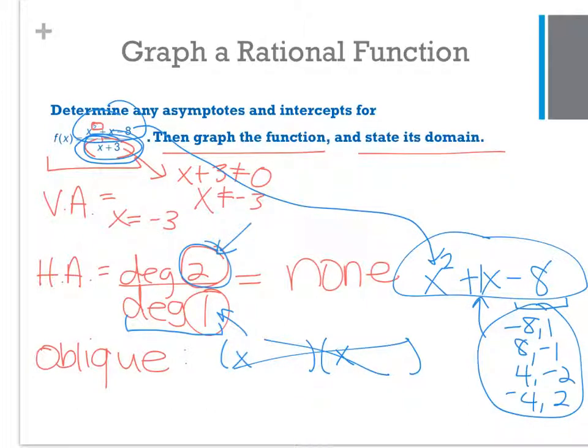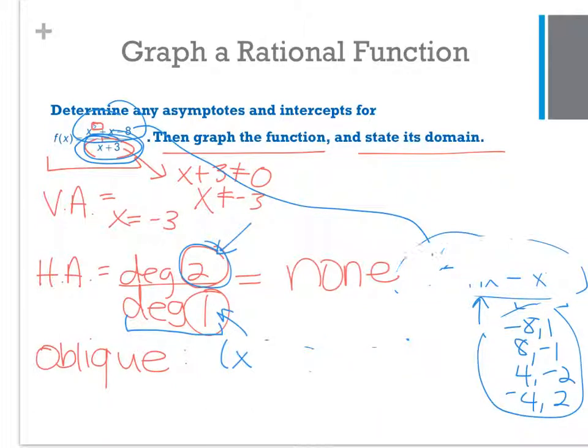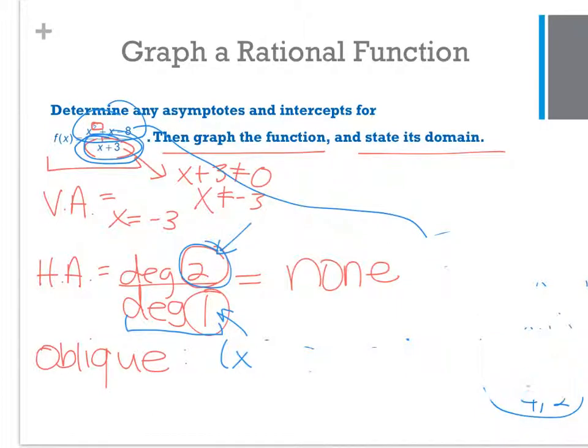And so I'm going to find the equation of that oblique asymptote by dividing the numerator by the denominator. So I'm going to take the function on top and divide it by the function on bottom using polynomial long division.